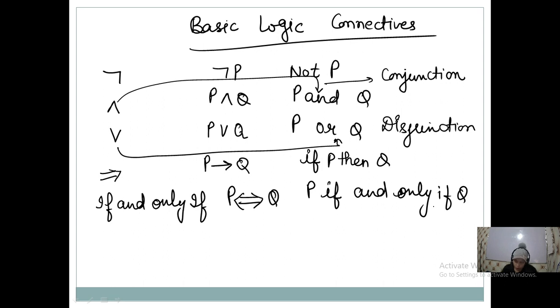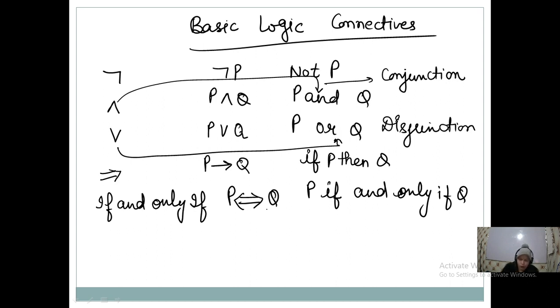If Q is false, then P must be false. We cannot have P true and Q false and still get the result true. It is not possible in the case of if and only if.